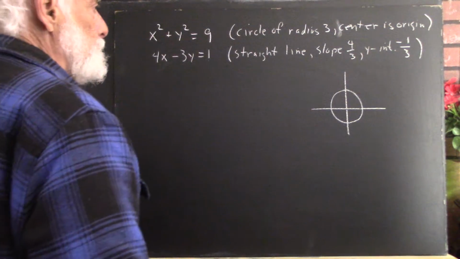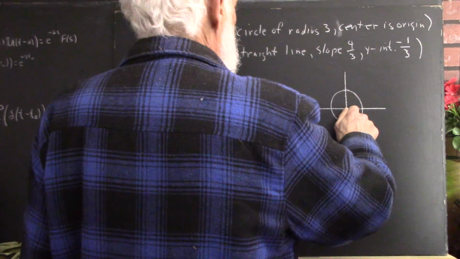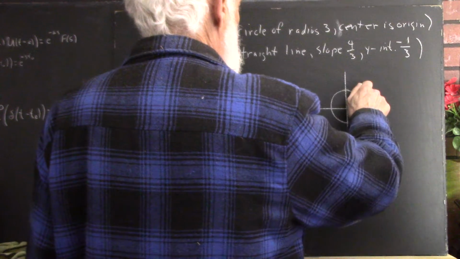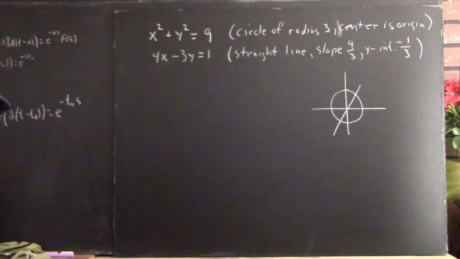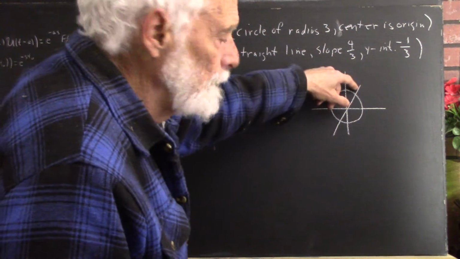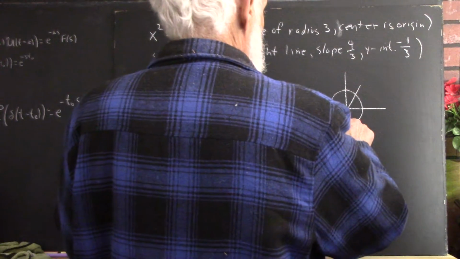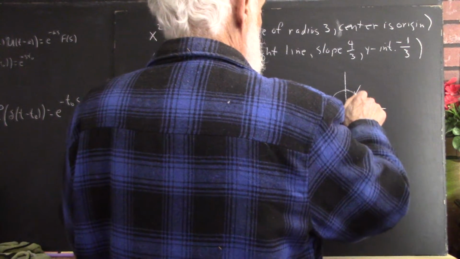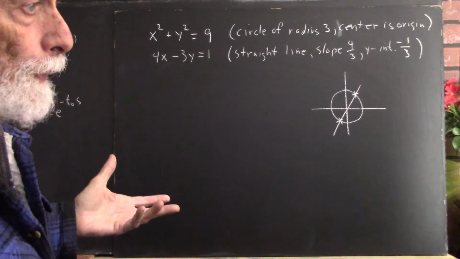The circle has radius 3, slope is 4/3, so the line might look like this. We see that the circle is clearly intersected twice by the line. So we want to know the coordinates of these points.